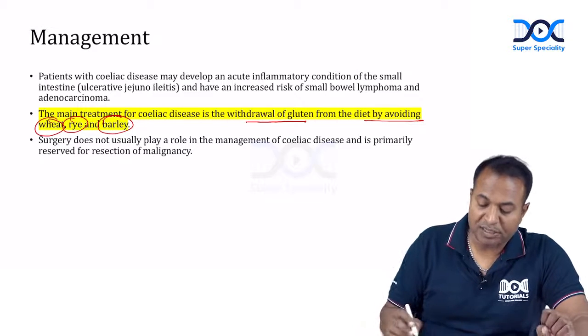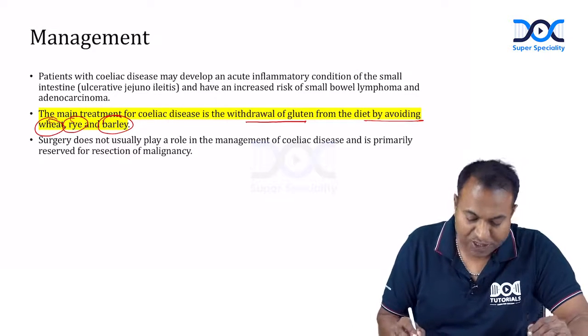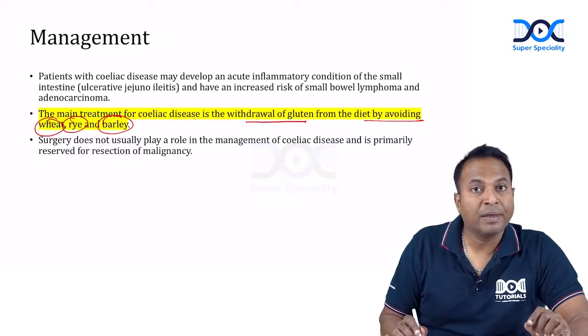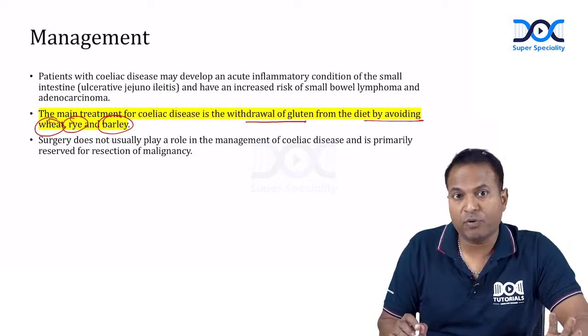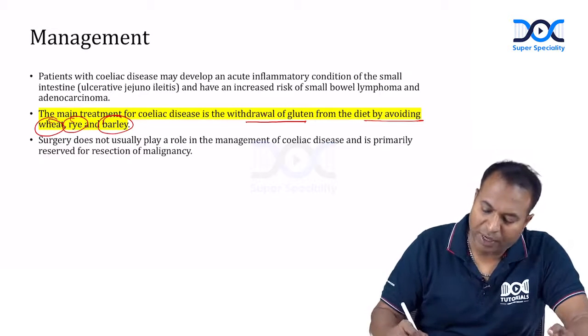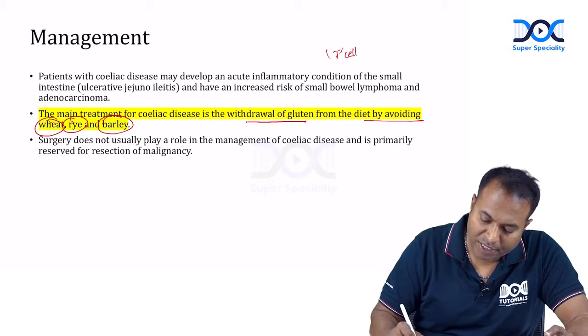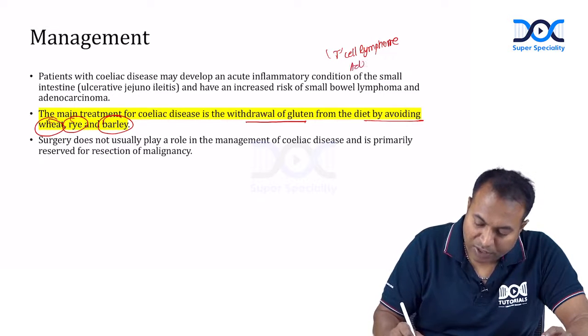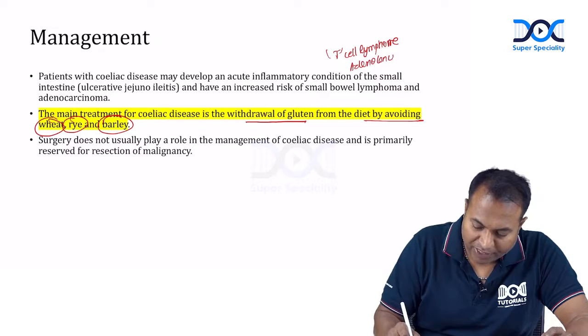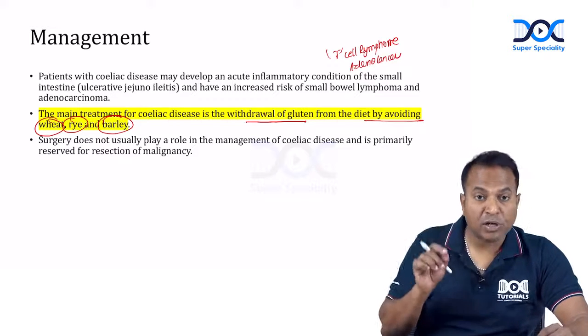Patients with celiac disease may develop an acute inflammatory condition of the small bowel known as ulcerojejunoileitis, and have a higher risk of lymphoma and adenocarcinoma. T-cell lymphoma is commonly associated with celiac disease, and celiac disease is also a risk factor for adenocarcinoma.